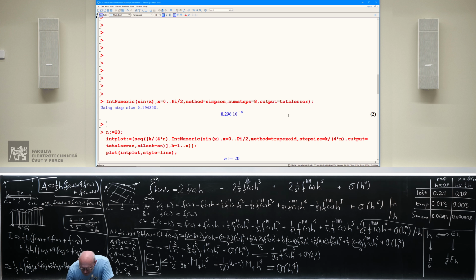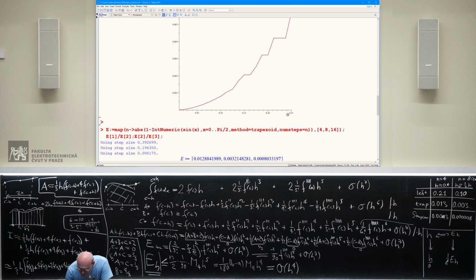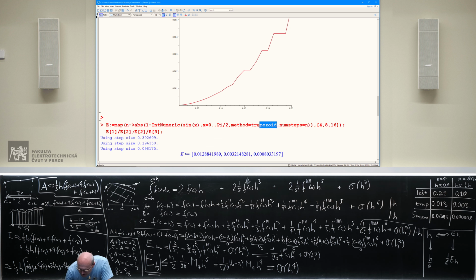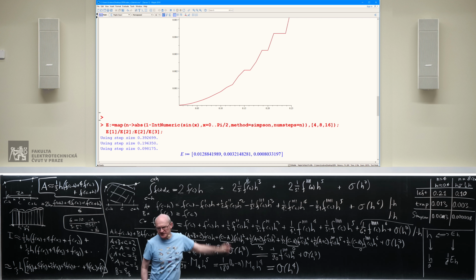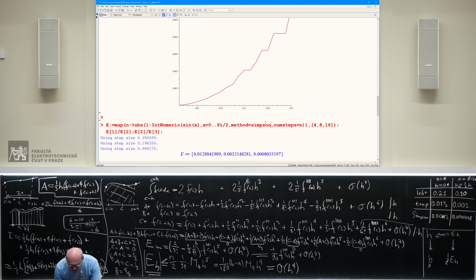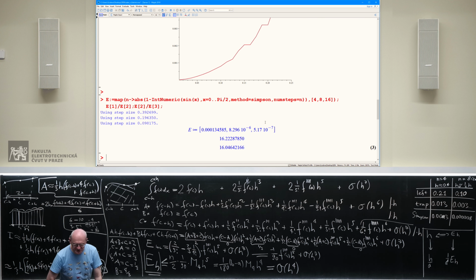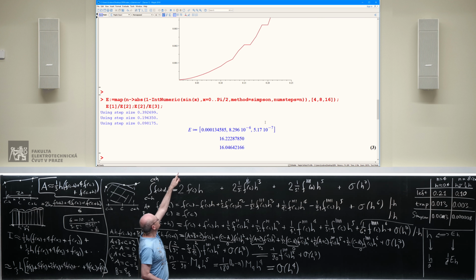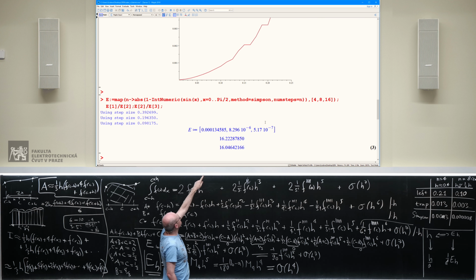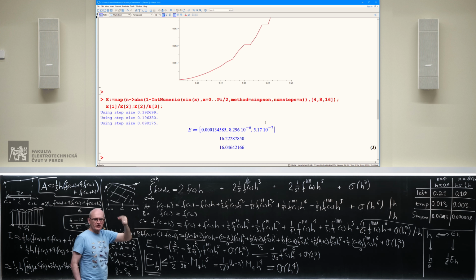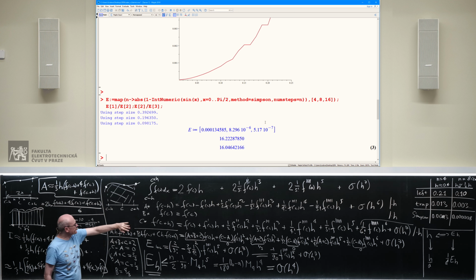Let's have a look at this trick with ratios. When I use the Simpson rule as the method here, and again 3 partition sizes, 4, 8, 16, we will compare the errors. And we expect to see 16 as the ratios. And we do. Notice that the second ratio is closer to 16, because the smaller the step size, the better all these things work.